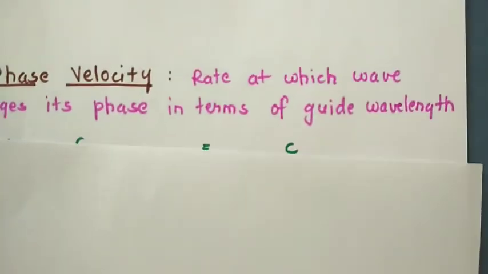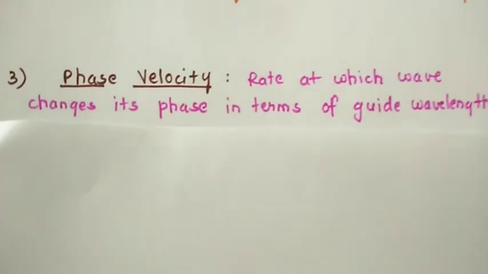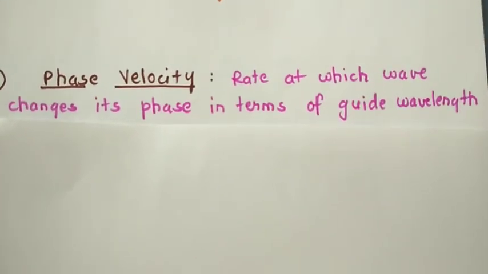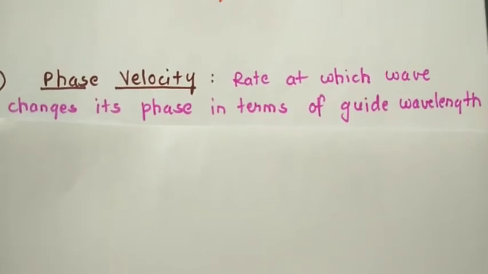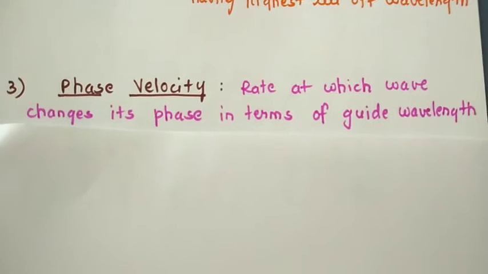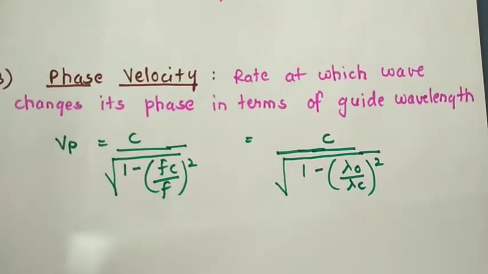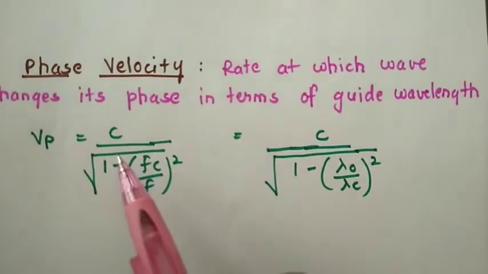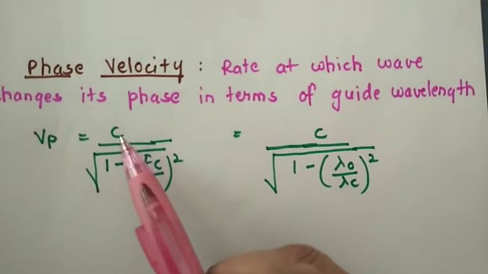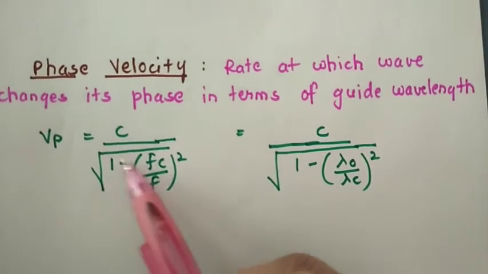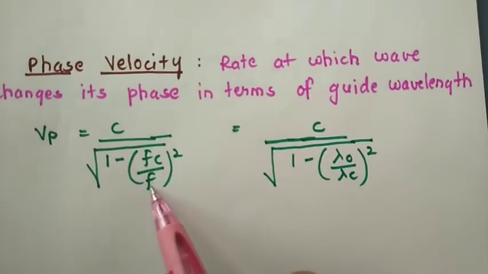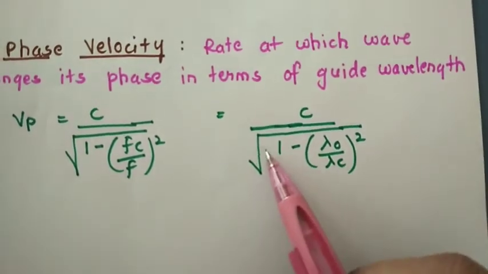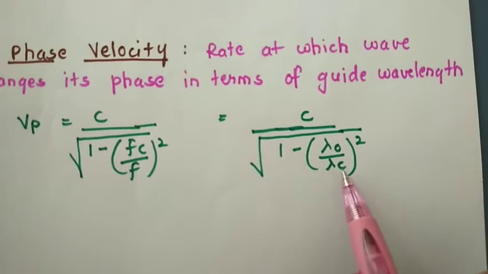Then we will go for phase velocity. The phase velocity is the rate at which the wave changes its phase in terms of guide wavelength, and its formula, in terms of frequency, is c upon square root of 1 minus (fc by f) square, or if you talk in terms of wavelength, it is c upon square root of 1 minus (lambda 0 upon lambda c) square.